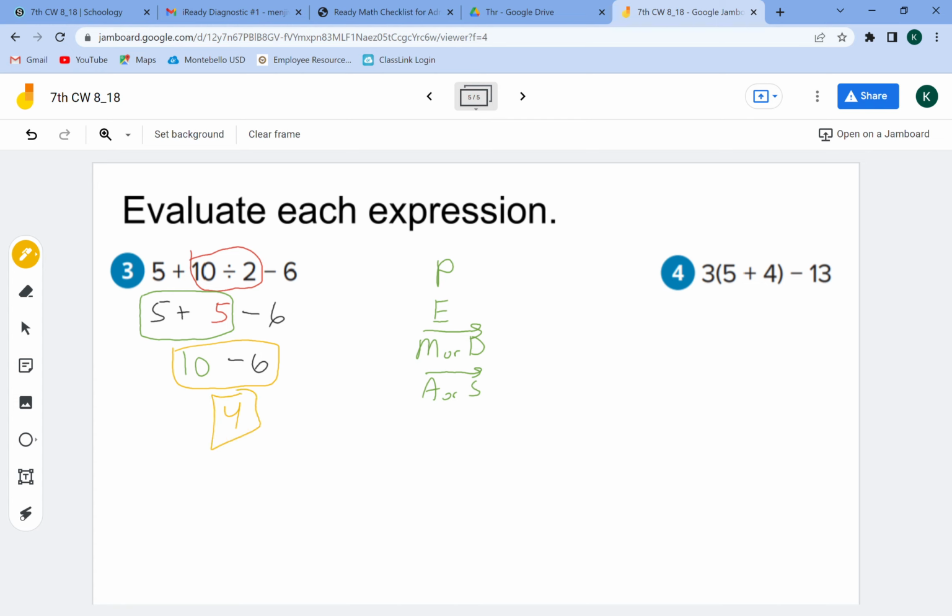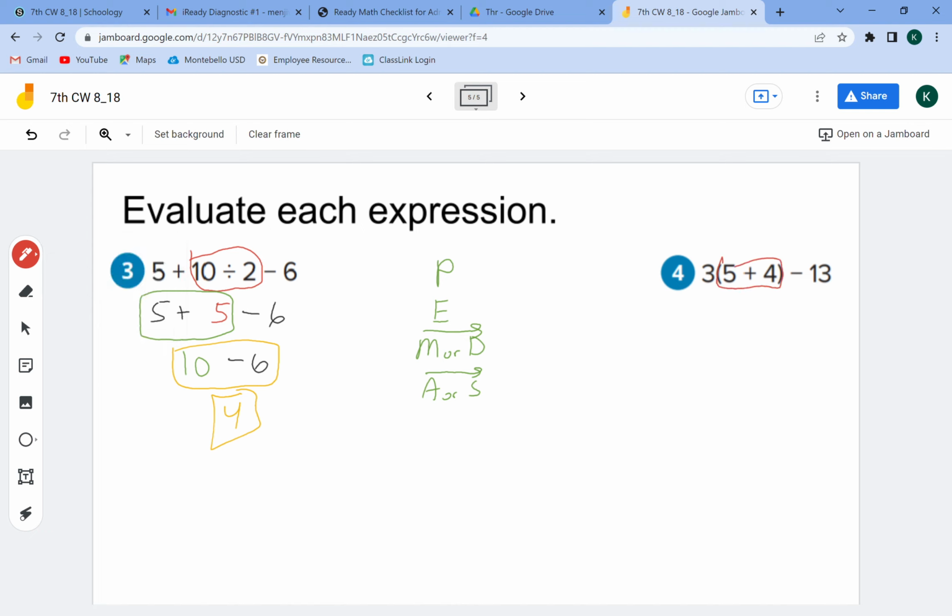Notice I worked it out piece by piece. If I continue to the next problem, problem number 4, again I look for any parentheses. I scan it from left to right and I go, look at that, right here is a parenthesis. So I'm going to do that section first.